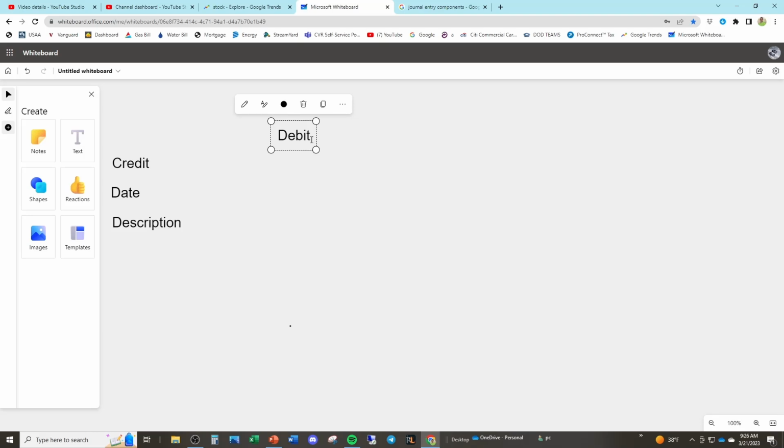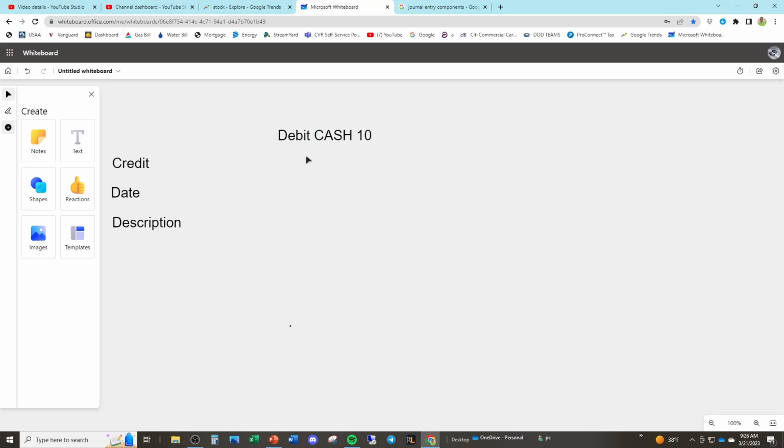So what am I going to debit? Well, I know I'm getting cash. Cash is an asset. I'm receiving the cash, so I need to debit it to increase it. So I would simply do debit cash. Now, in a normal journal entry, you're not going to have the debits and the credits usually next to the name, okay? So just keep that in mind.